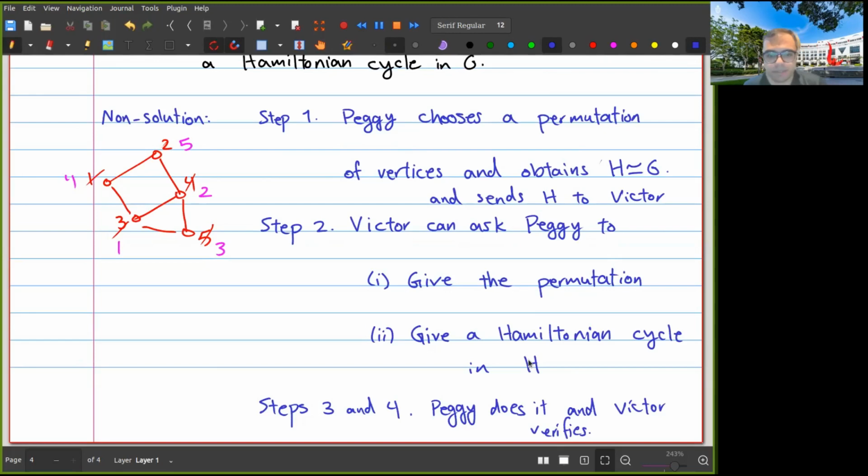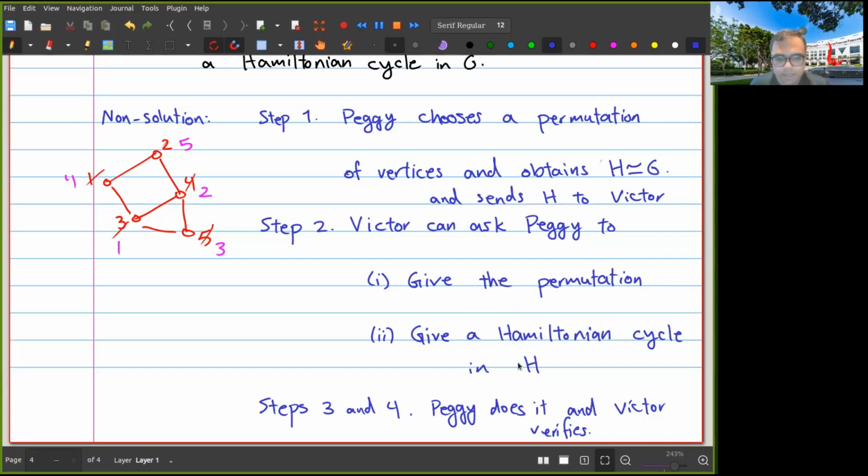Okay. So, but we have a problem here, and the problem is that we have some leak of information, right? So in order for this to work, we have to repeat this solution many times. And the way we repeat it many times is that every time Peggy is going to create a new graph H, send it to Victor, and Victor is going to ask maybe for the permutation or the Hamiltonian cycle.